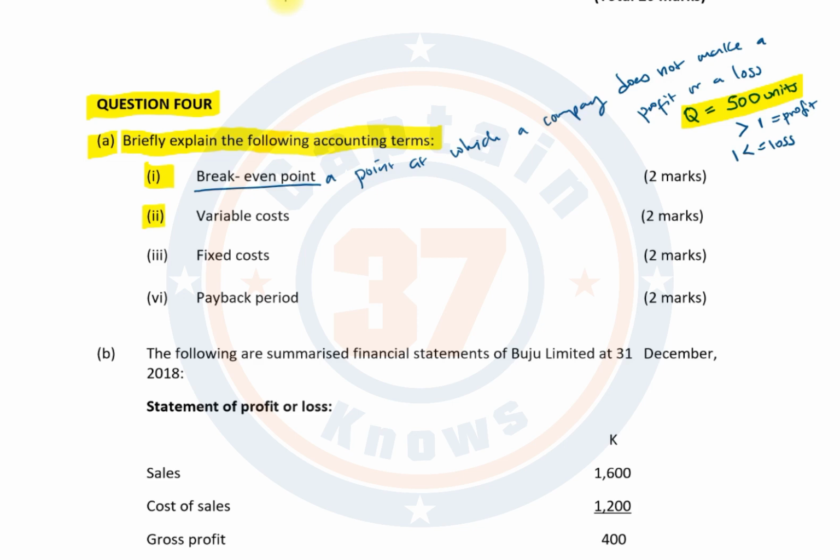And 2 is asking students to briefly explain variable costs. These are costs or expenses incurred by a business as a result of quantities of production.